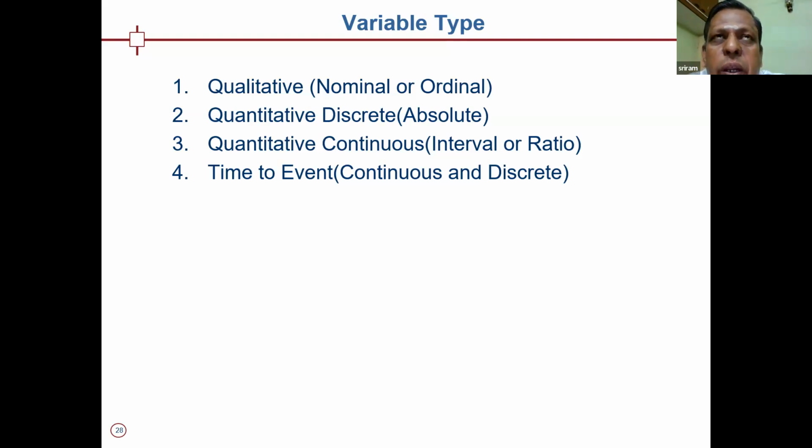After 4 years of follow-up, the outcome is whether the patient survived or not. That is the time from the starting point till you finish your study. So what is the time for that event to happen? Here you have to define the event.